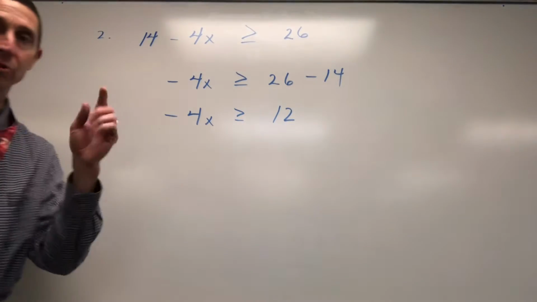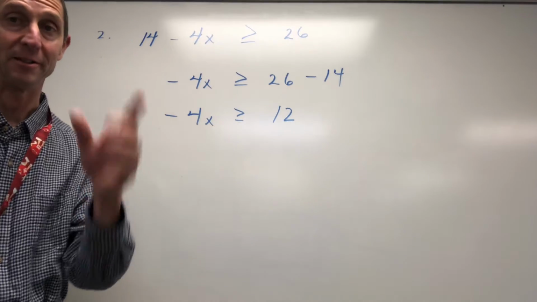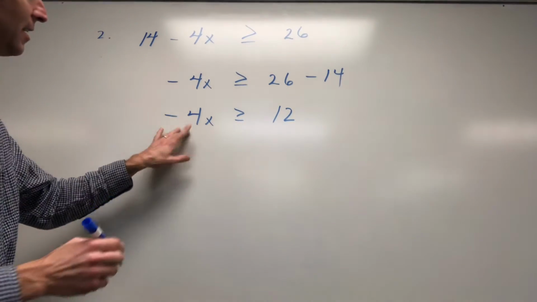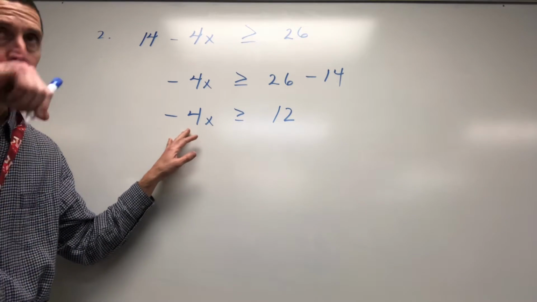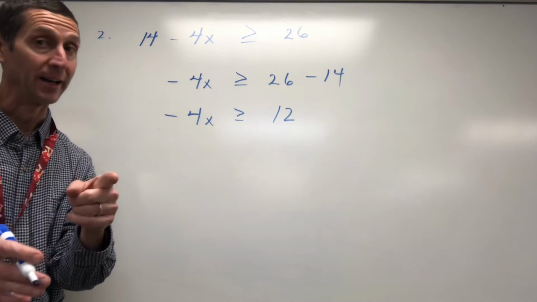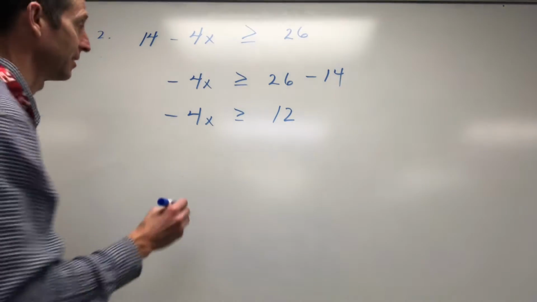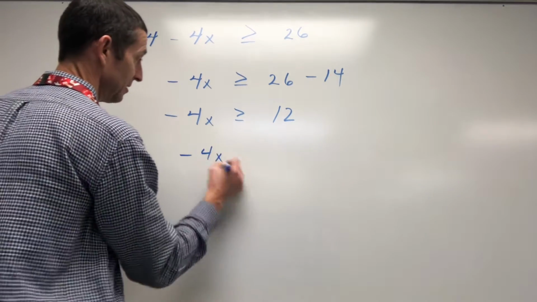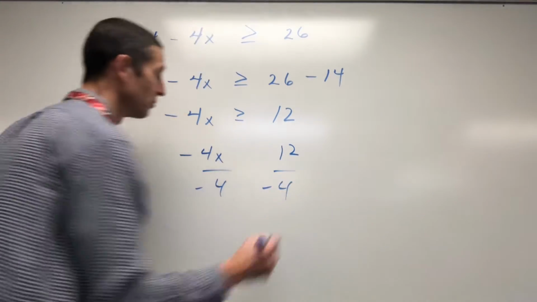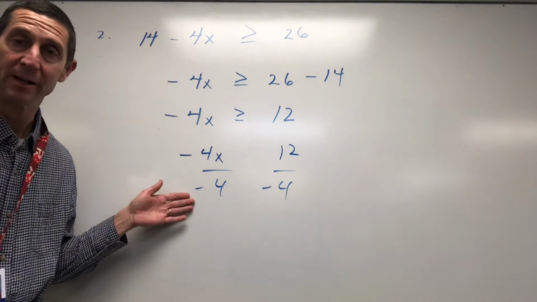Now, you know the rule for inequalities. This is the main rule, the biggest rule on inequalities. Anytime that you're solving this, and you have to multiply or divide by a negative, that changes your sign. So for us to solve this, we're dividing by a negative.